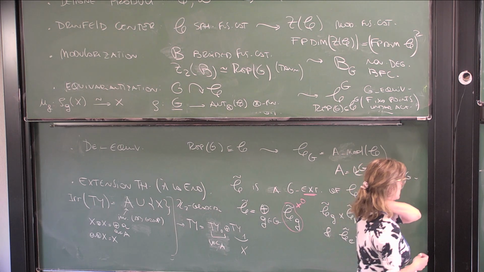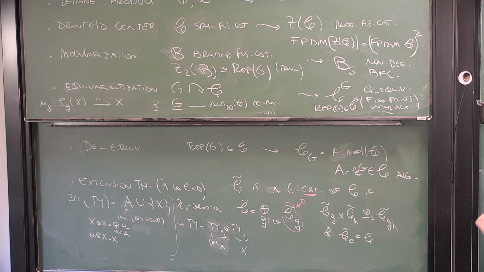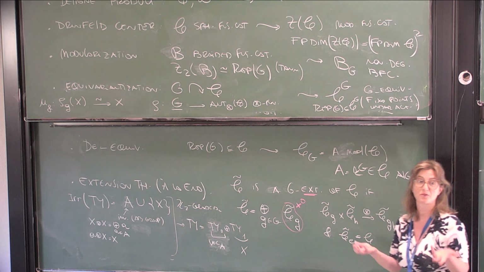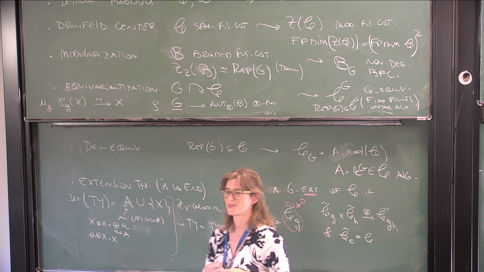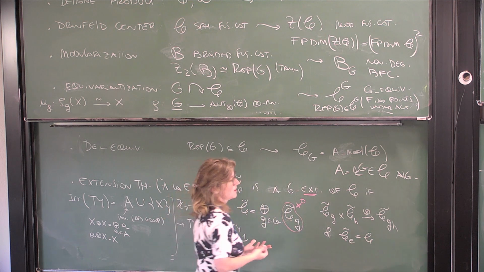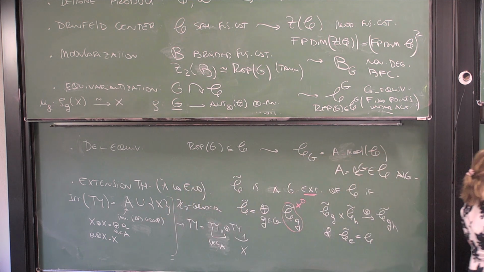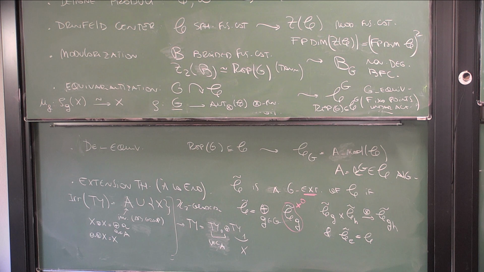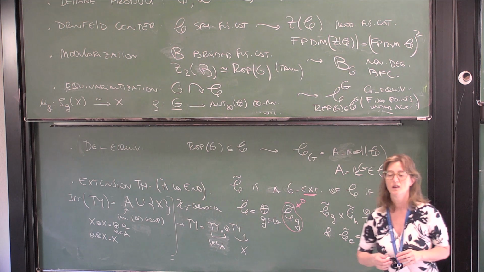In this paper, I think Nikshych and Ostrik prove that this is equivalent to the tensor autoequivalences of the center of our category. Again, this center is very important. If you are not familiar, I do encourage you to look at it. So you can encode this using this. Sometimes this is more approachable, sometimes this one, depending on the case.